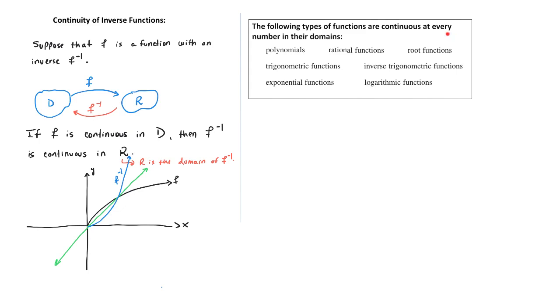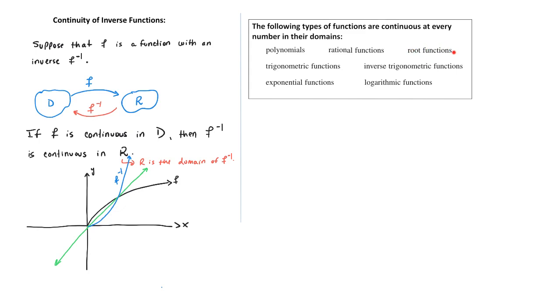I want you to look at this table right here. This one says that the following types of functions are continuous at every number in their domain. So all of these functions are going to go in our toolbox. We already said that polynomials are continuous everywhere. Rational functions, these are polynomials over polynomials, we already said are continuous everywhere except at the values of x that make the denominator 0.